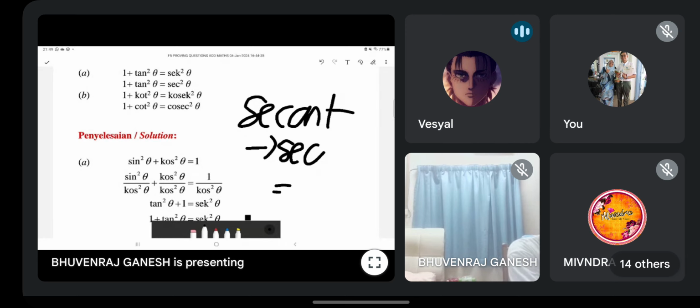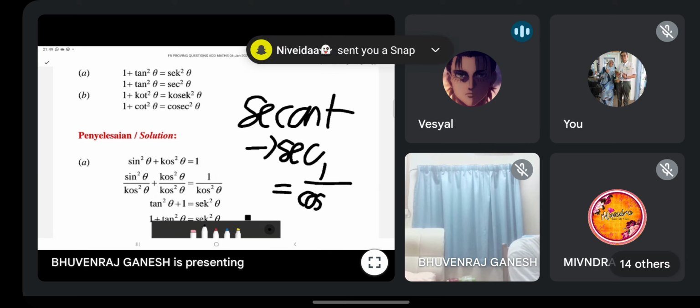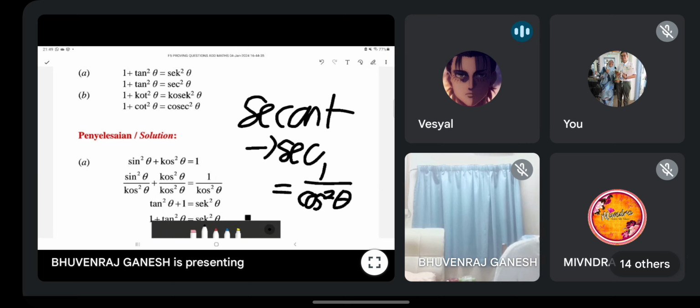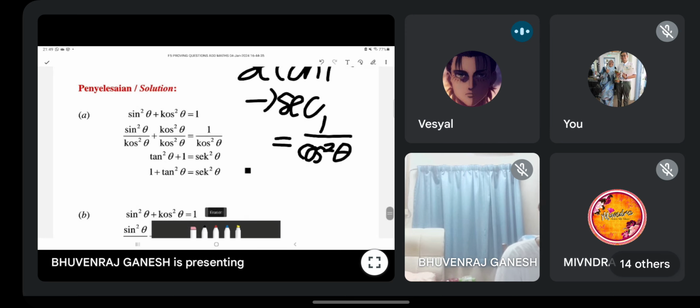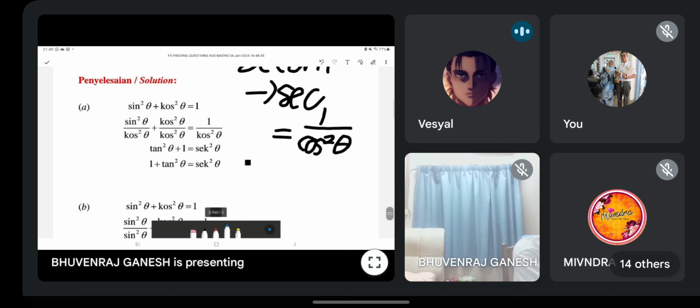So our first step will just be to write down the formula we all know: sin square theta plus cos square theta equals 1. From there, the next step is to divide everything by cos square theta. Sine over cos is tangent, so sine square over cos square is tangent square. So we get tangent square theta plus 1, because cos square theta over cos square theta is 1.